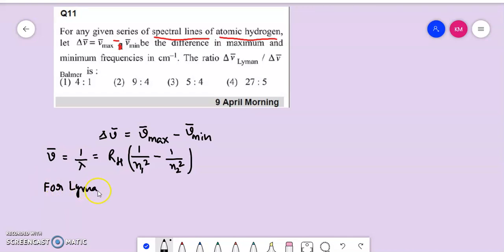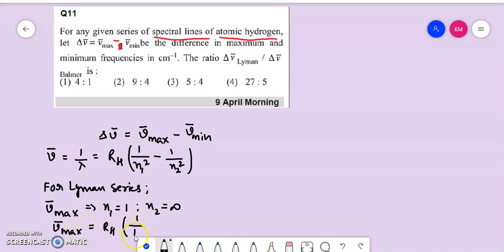For Lyman series, to calculate nu bar max, I need n1, which is minimum, so 1. Maximum it can go till infinity, so n2 will be infinity. Then nu bar max is equal to RH of 1 by 1 square minus 1 by infinity square.